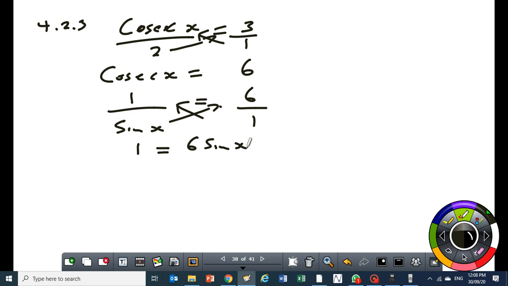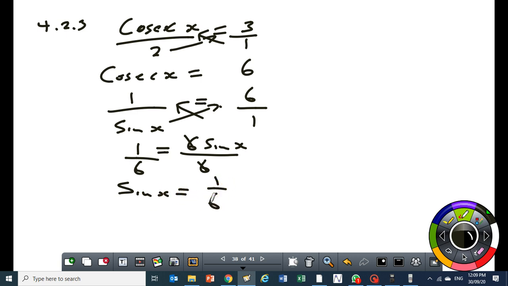Then you divide both sides by 6. I'm going to tell you something very important that I didn't tell you, but I'll tell you just now. So you end up getting 1 over 6 is equal to sine x. Now you can write that as sine x is equal to 1 over 6.